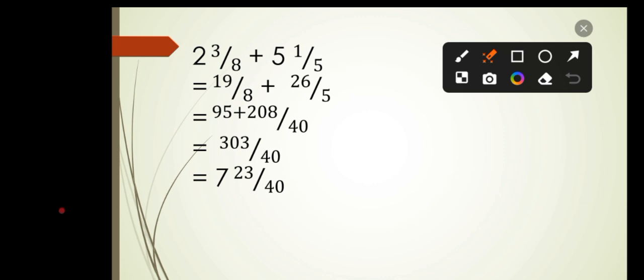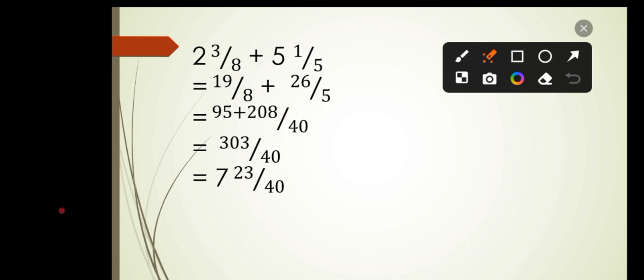We now look for the LCM of the various fractions because their denominators are not the same. So what is the LCM of 8 and 5? Using the method of finding LCM, we discover it is 40.